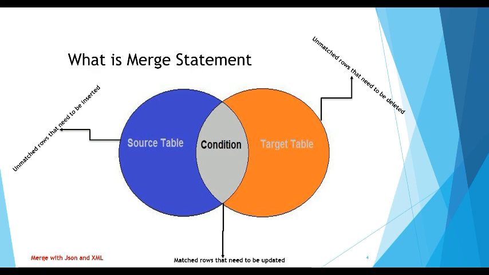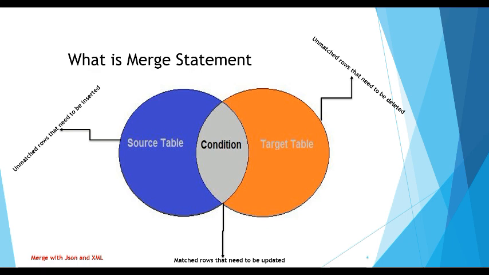I repeat, the source table has some rows with the same keys as the rows in the target table, however these rows have different values in the non-key columns. In this case, you need to update the rows in the target table with the values coming from the source table. So these three conditions are applied to execute the insert, update, and delete.